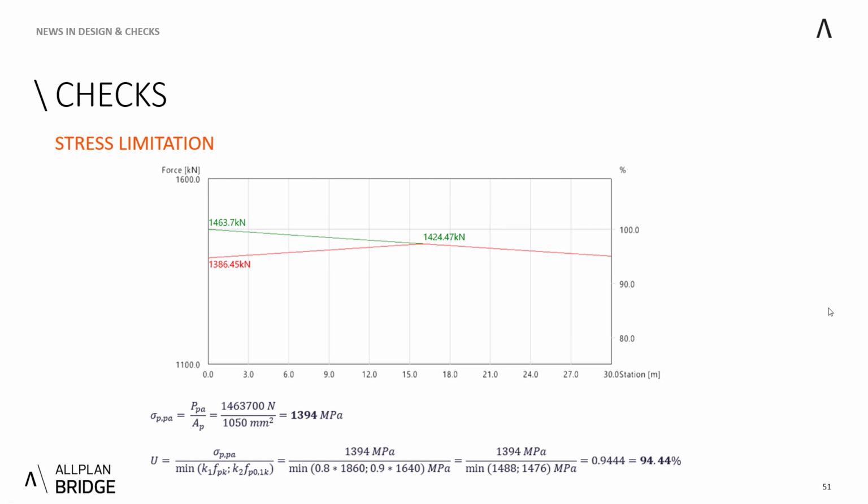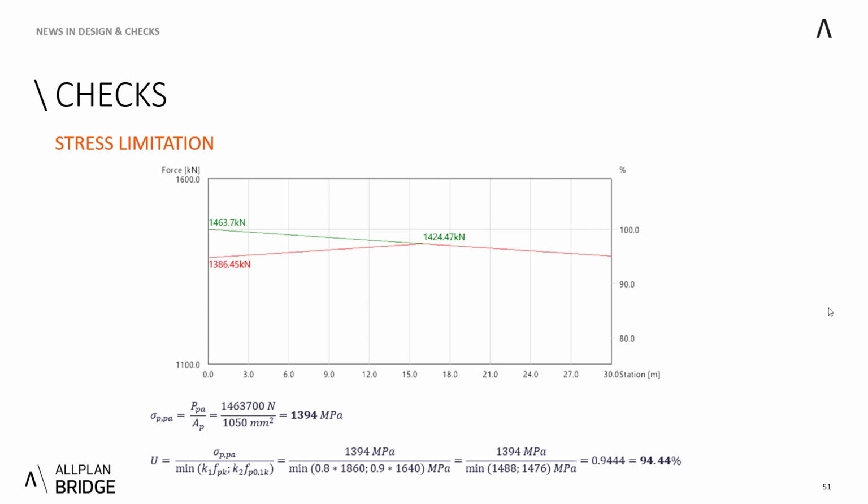The last part of each stress limitation report is also the check of anchoring stress, or prior to anchoring, which is happening actually independently of the position or the stationing. It's always taking into account the highest value for the tendon which is in the section.